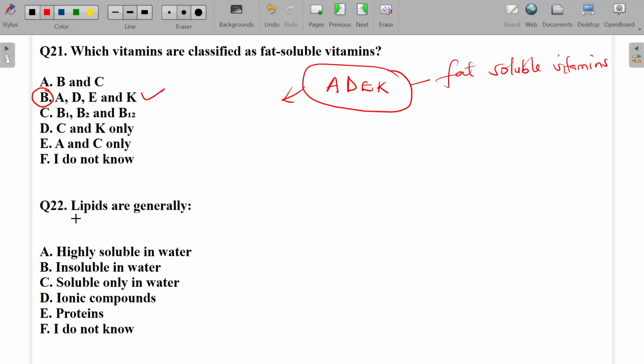Question 22. Lipids are generally A, highly soluble in water, B, insoluble in water, C, soluble only in water, D, ionic compounds, E, proteins, F, I do not know. Insoluble in water. Yes, they are insoluble in water.